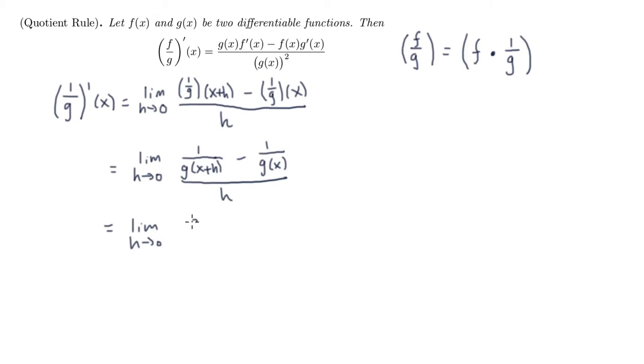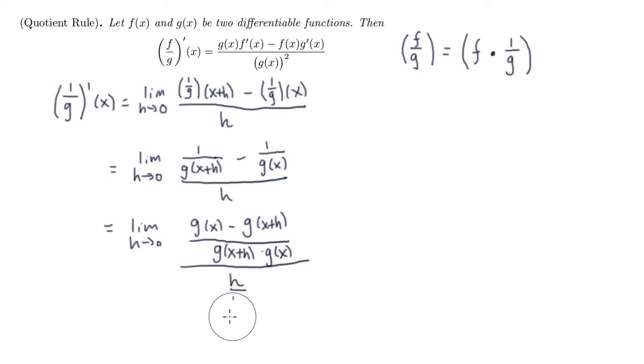So we're going to be left with g of x minus g of x plus h over g of x plus h times g of x, and then that all over h. But of course, this h is like over 1, and so we can do a little bit of manipulation here.